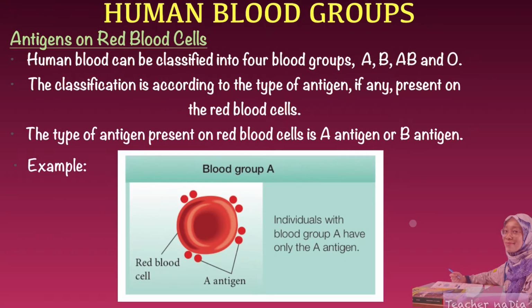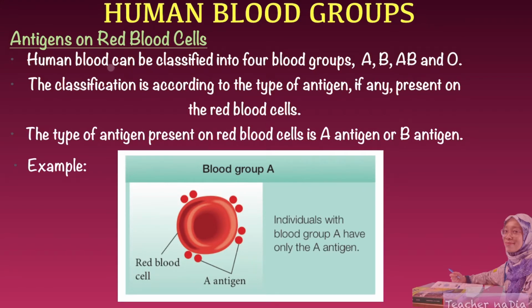Next, we're going to look at human blood groups. For human blood groups, how do we determine the types of blood groups? We have to refer to the antigens on the red blood cells. The type of antigen will determine the type of blood group.